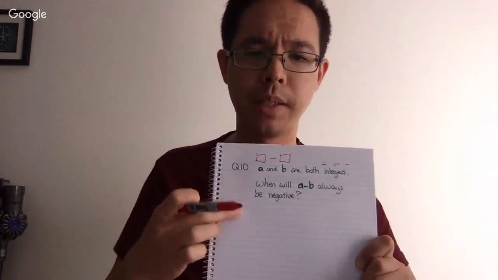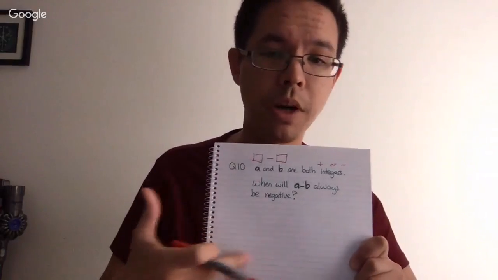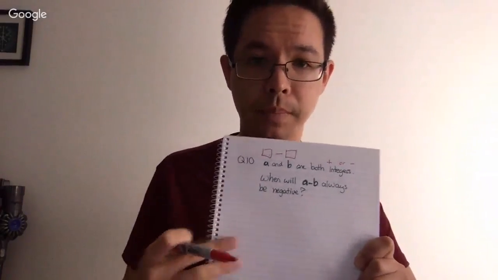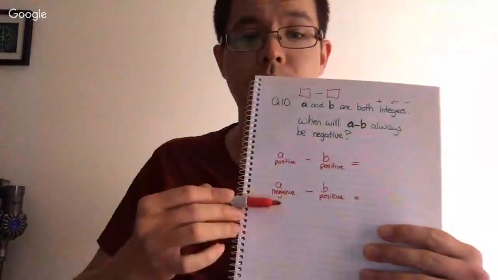So I just basically made a list for myself of all the possible scenarios where A take away B. Okay, so Archie, I just went down the page like this.